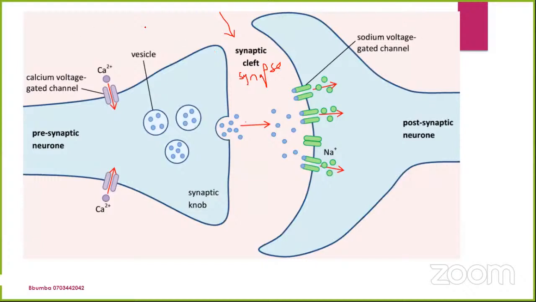Now, this nerve cell which is bringing the impulse, its membrane at the axon terminal, you can call it the presynaptic membrane, and you can also call it the presynaptic neuron or nerve cell. That is the nerve cell before this gap. And then the next nerve cell after it, you call the postsynaptic nerve cell, and its membrane is called the postsynaptic membrane.